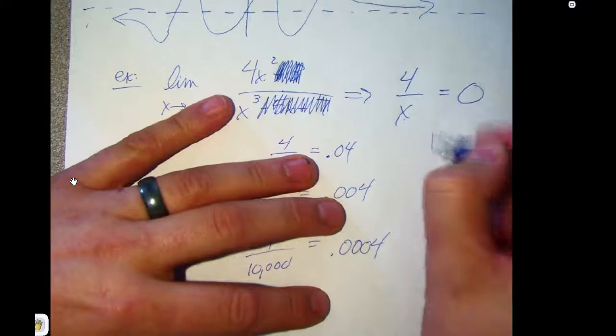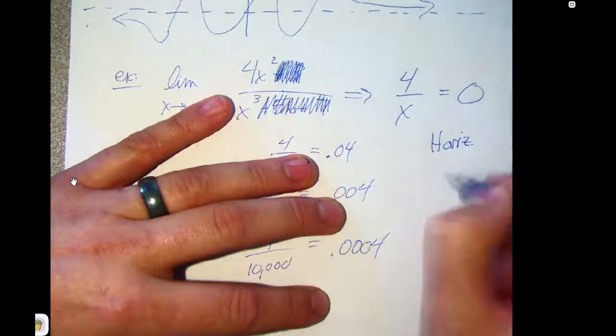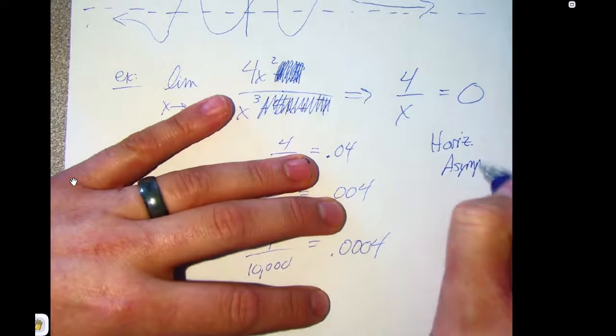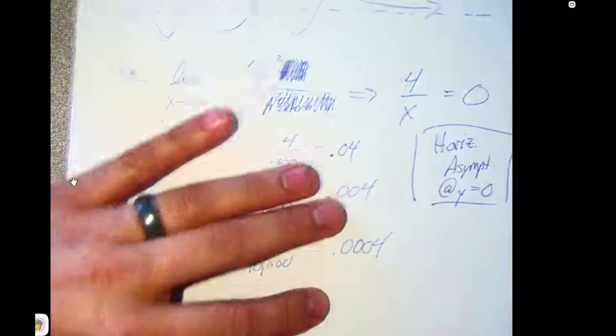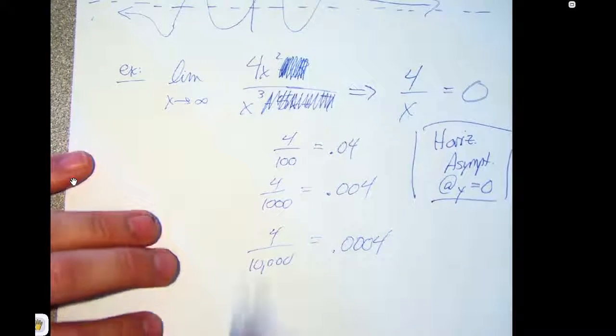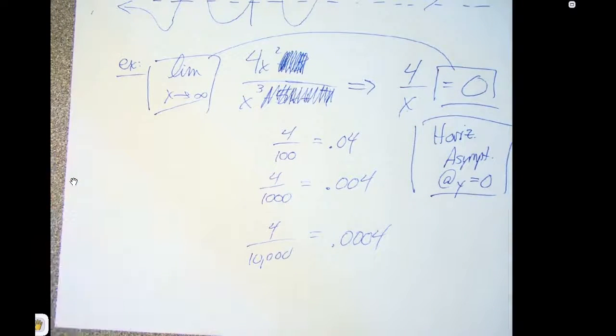Or you could say there's a horizontal asymptote. Be careful how you abbreviate horizontal. At y equals 0. Or you could say the limit as x approaches infinity is equal to 0. Those are the same statement, just 2 different ways. Right.